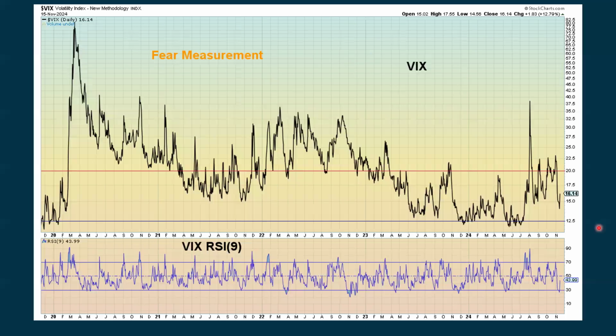I was showing this for a few days when we were really screaming to the upside and the VIX was dropping very fast. I plot a momentum oscillator on here called the RSI based on 9 periods, so it's shorter term. And we look for extreme positive or negative readings. Well, when the VIX was really dropping as the market was going up, we were getting very low readings relative to where we had been with the VIX.